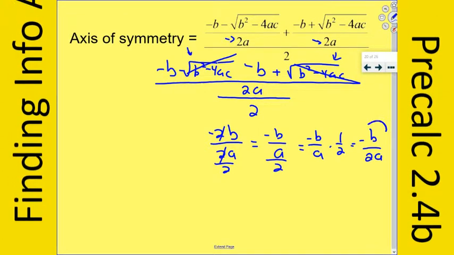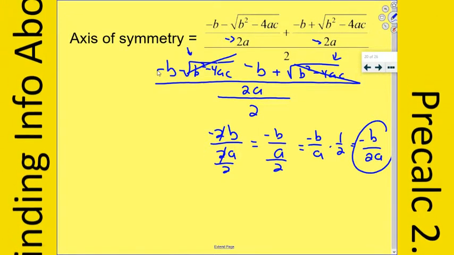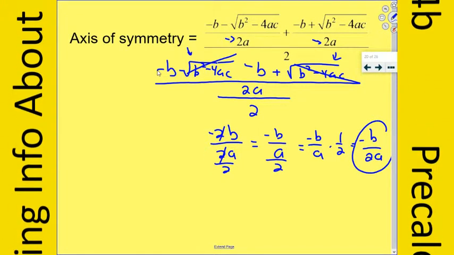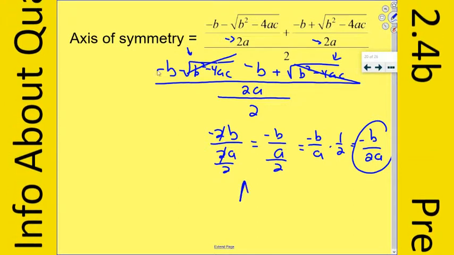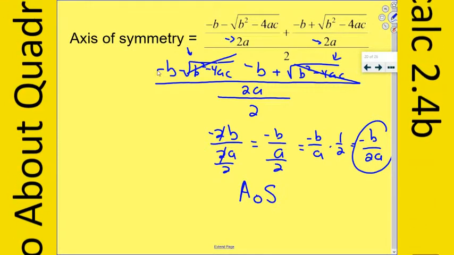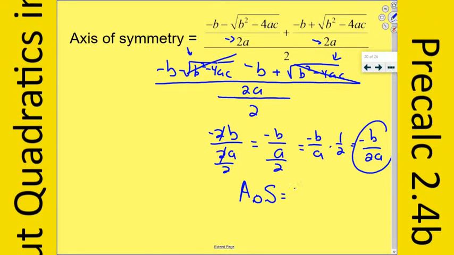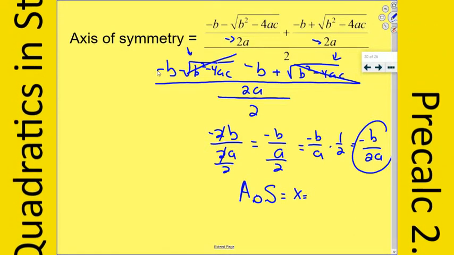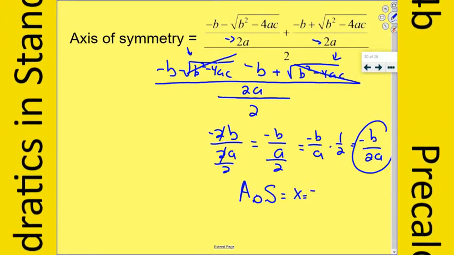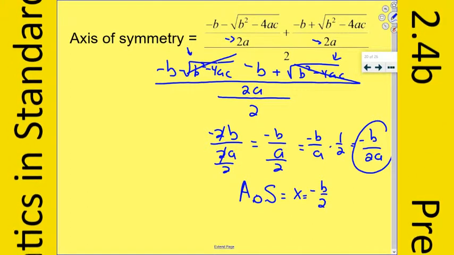So this is the x value of our axis of symmetry. This is our axis of symmetry. Axis of symmetry is going to be x equals, whatever b and a and c are, negative b over 2a.